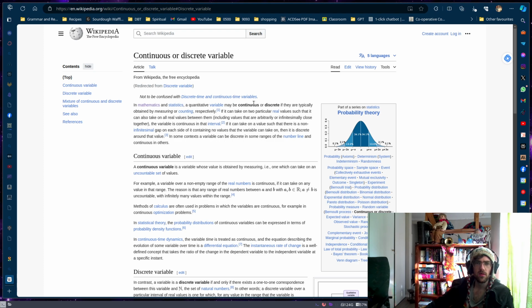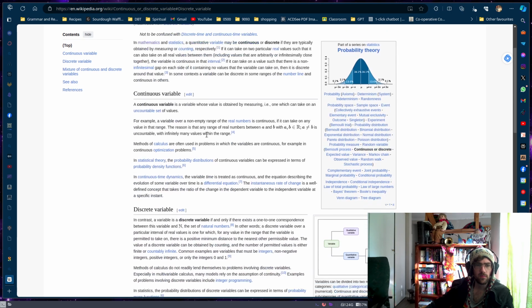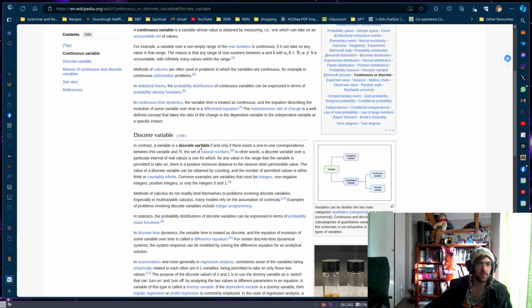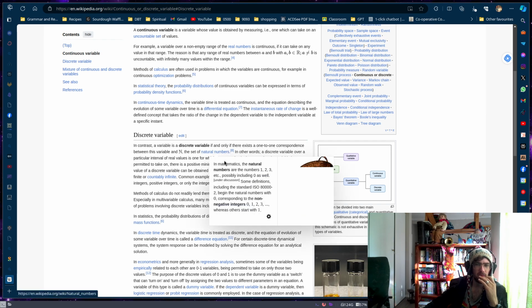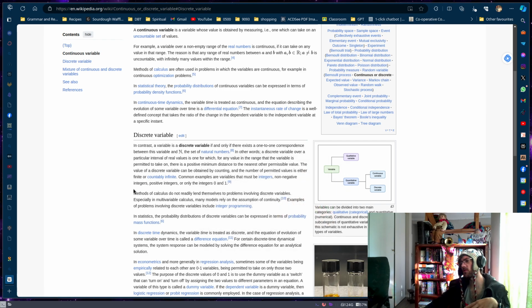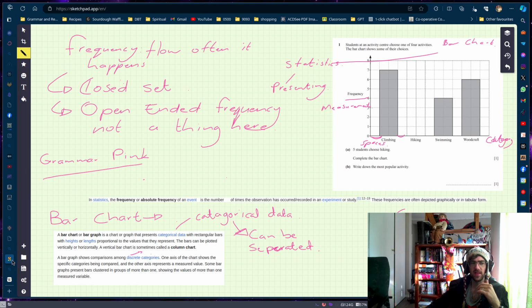Okay, so a discrete variable is basically if it jumps from one number to the next. Okay, so it's a counting number.